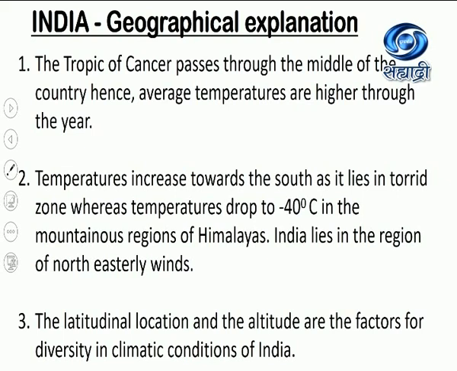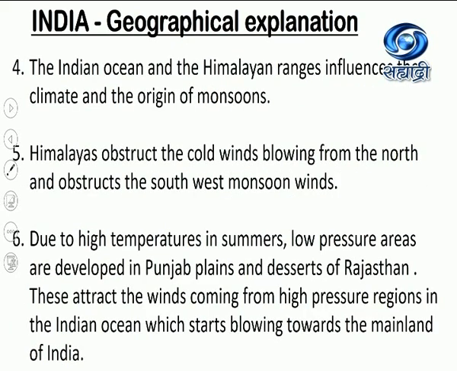India lies in the region of northeasterly winds. The latitudinal location and the altitude are the most important factors for diversity in climatic conditions in India. The Indian Ocean and the Himalayan ranges influence the climate and the origin of monsoons.